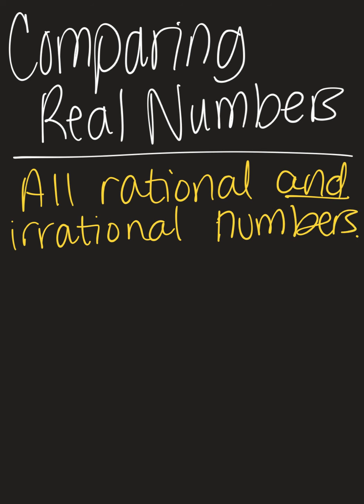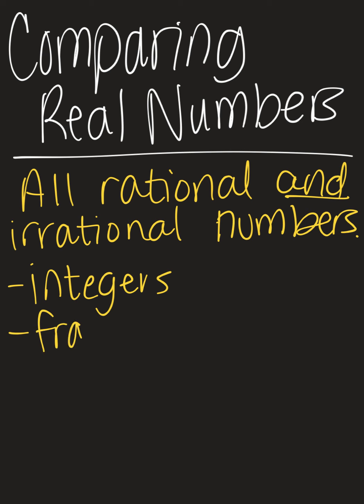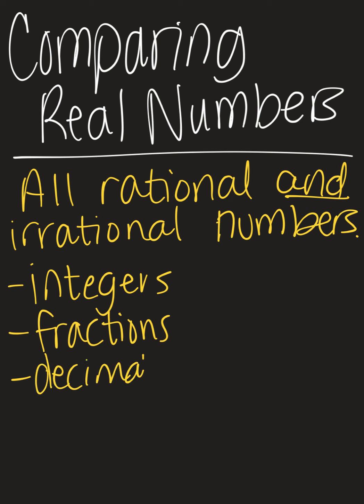So some examples of rational numbers include integers, fractions, and certain types of decimals, right? We have decimals that are repeating and decimals that are terminating.